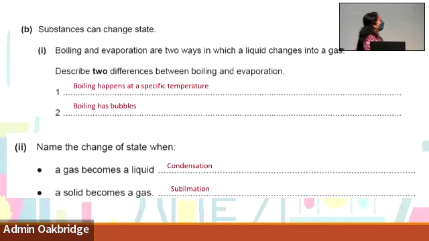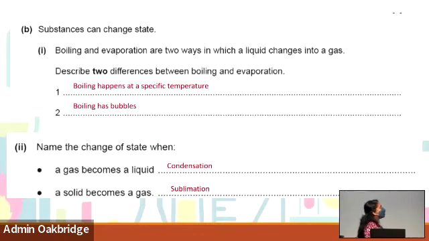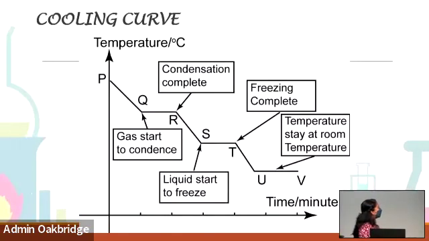Okay, they're asking here, boiling and evaporation are two ways in which liquid changes into a gas. So liquid changes into a gas in the sense that I'm boiling the liquid. Here they didn't tell me clearly that they are boiling the liquid. They are just saying the change of matter is from liquid to gas. I must be able to understand that boiling is going on.